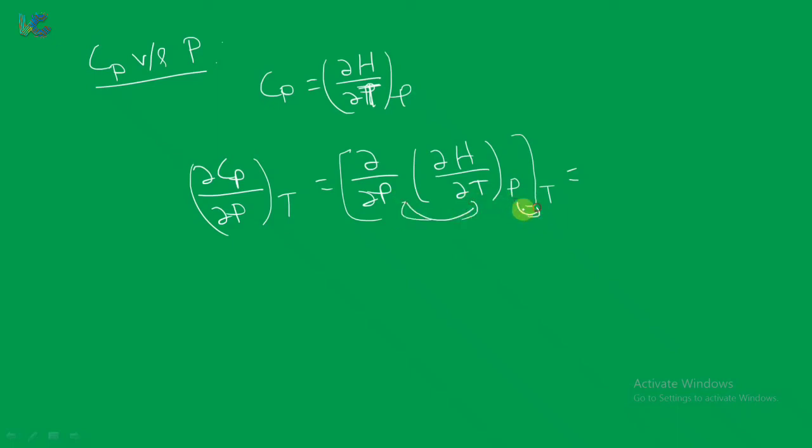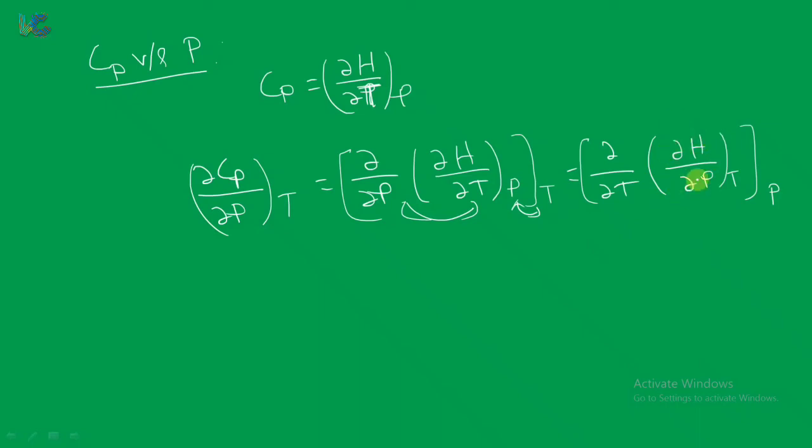So you will get ∂/∂T of (∂H/∂P at constant T) at constant P. You can write this because H is also a state function.